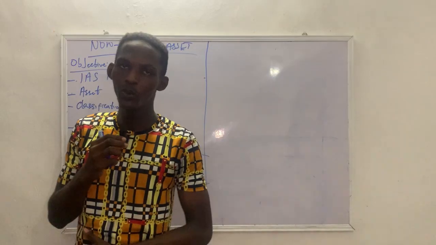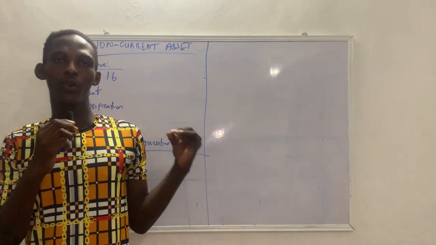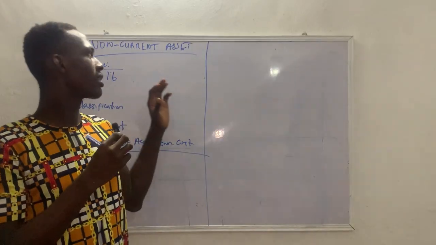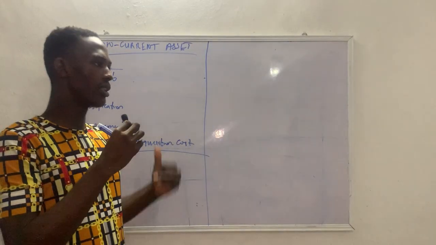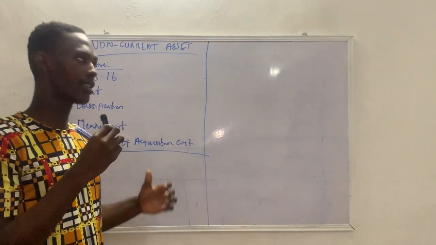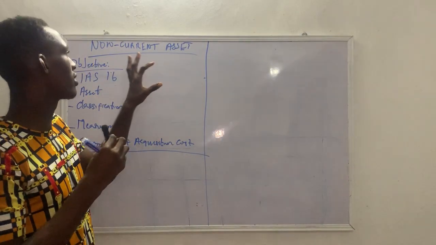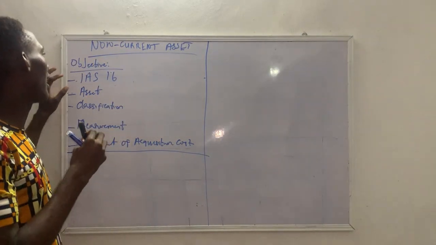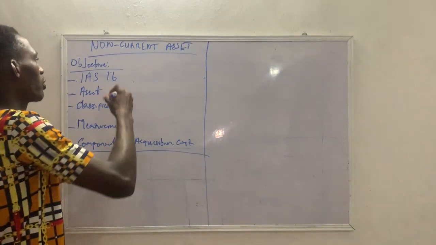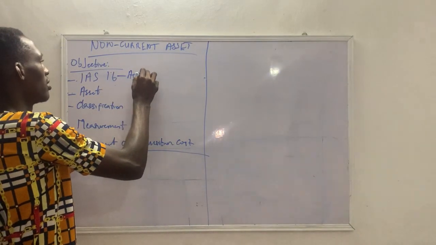And our topic for today is on non-current assets. Yeah, it is non-current assets based on the course I'm taking, basic accounting process and system. So non-current assets fall under IAS 16. So IAS 16 tells us how to account for what?